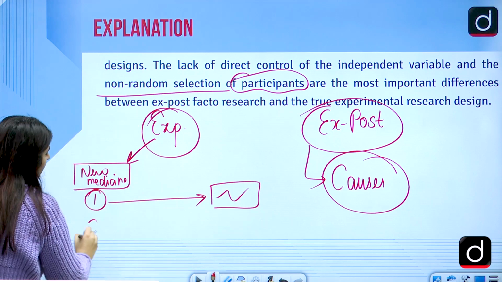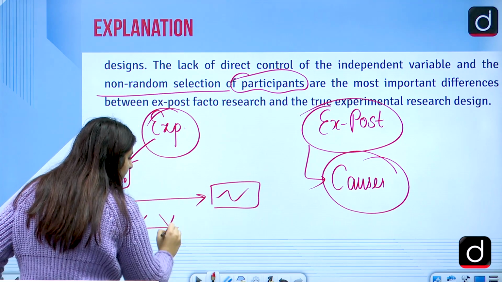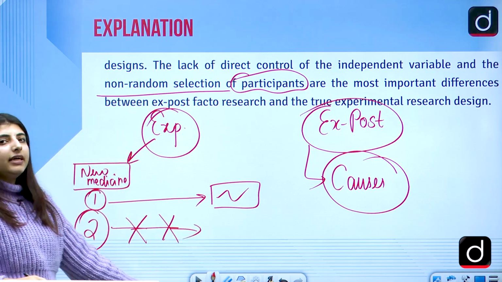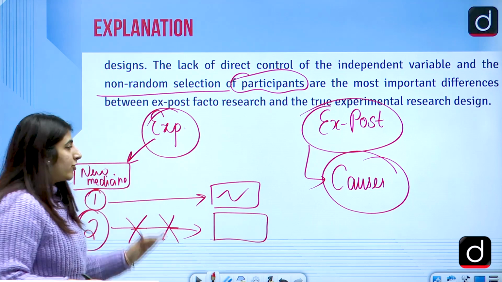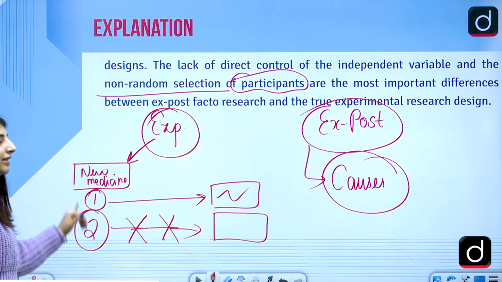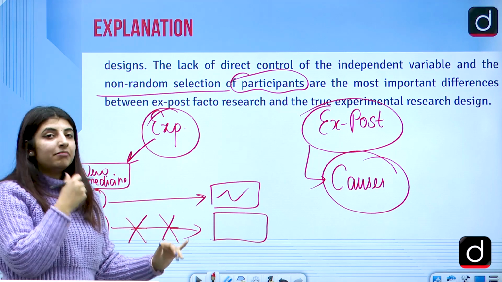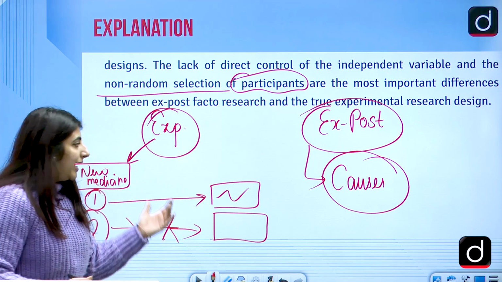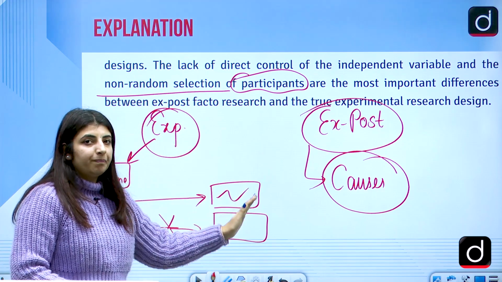On the second day, I did not take it, and I see that again I have pain near my heart. So I am observing and manipulating this independent variable, that is, taking the medicine or not taking the medicine based on my choice, and I am observing its effect. So this is the basic differentiation between the two.